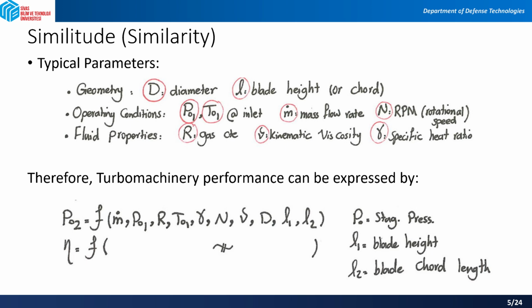So, for example, if you use L1 for the blade height and L2 for the blade chord length, you can say that this performance of my turbomachine is also a function of all of these parameters.